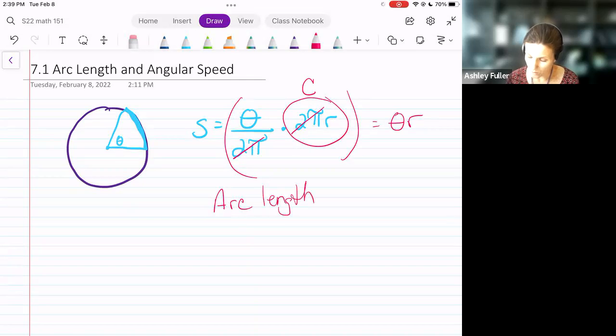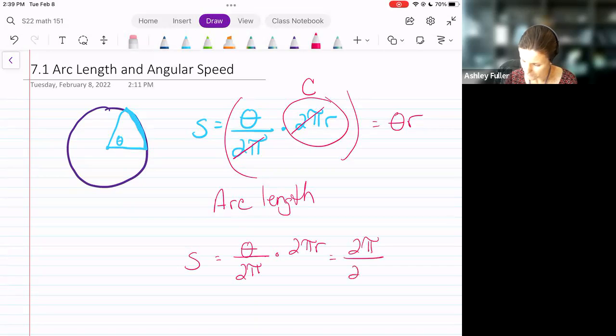Notice that if we went the whole circle, that arc length would be theta over 2 pi times 2 pi r. But in that case, that theta would be 2 pi, which would cancel, and we would be back to the entire circumference of the circle.